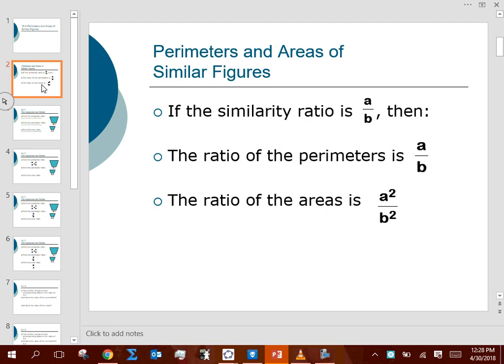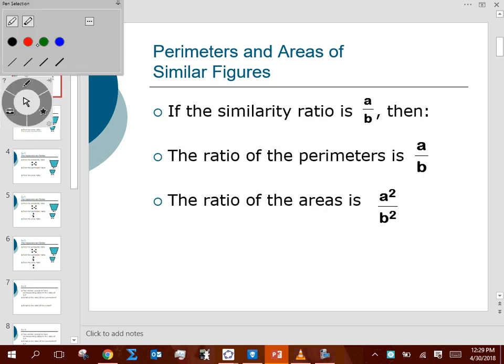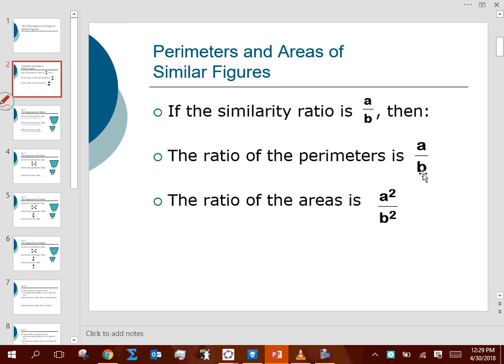So if you know the scale factor allows you to say how two figures are similar, you should be able to use that scale factor squared to tell you how the areas relate to one another. Okay. Occasionally you might see, because these are equivalent based off our laws of exponents, you might see this every once in a while written that way.